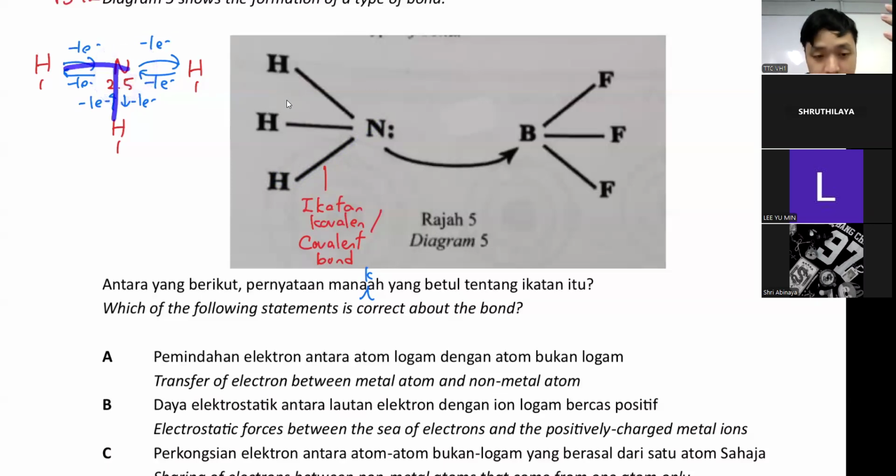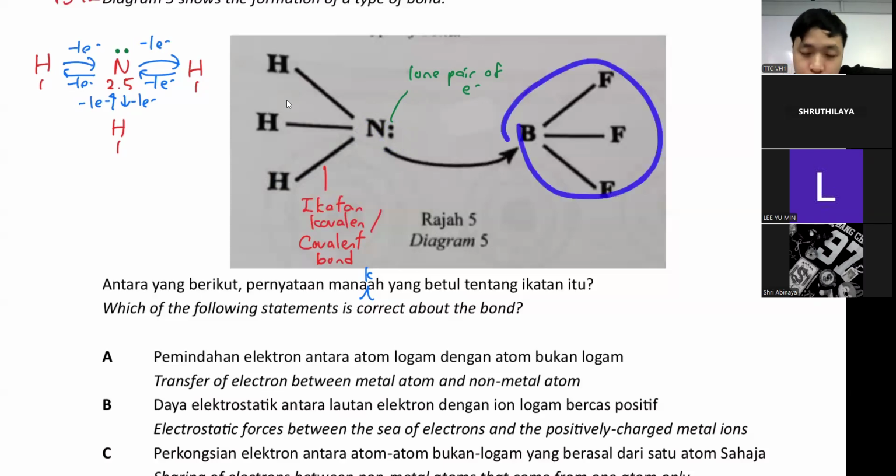If I share 1, 2, 3, how many are left outside? 2 more left, right? This is called a lone pair of electrons. In Malay, it's called pasangan elektron bebas. These 2 electrons don't share with anybody now. They are free.